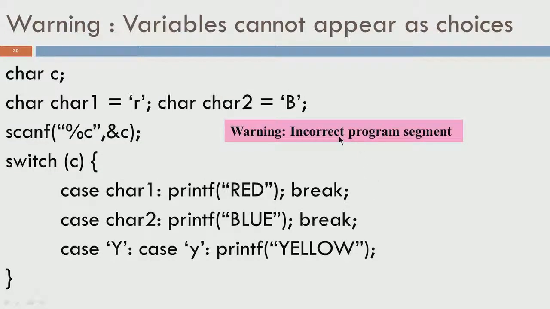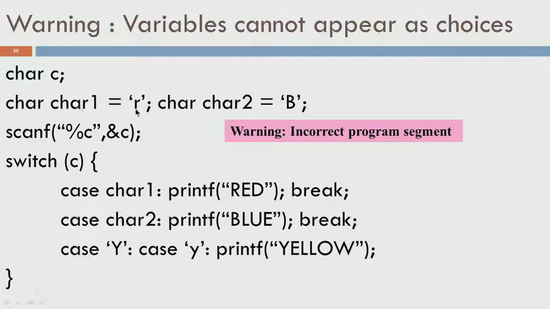So, there are two things that you have to watch out for in the switch cases. One warning is that variables cannot appear as choices. For example, let us say I put character car1 is R and character car2 is B and case car1, case car2. Remember the expression that you have here should be a constant expression, whereas you have used a variable called character 1.